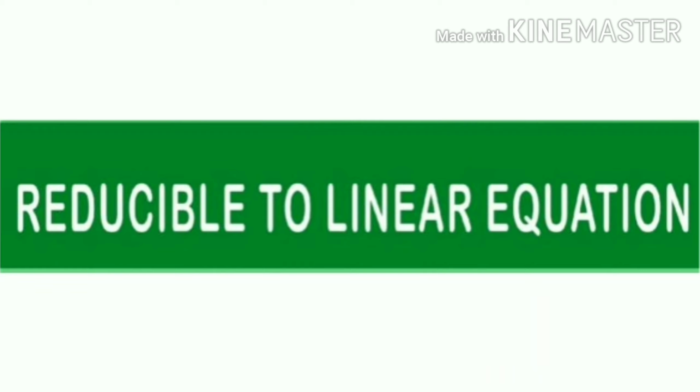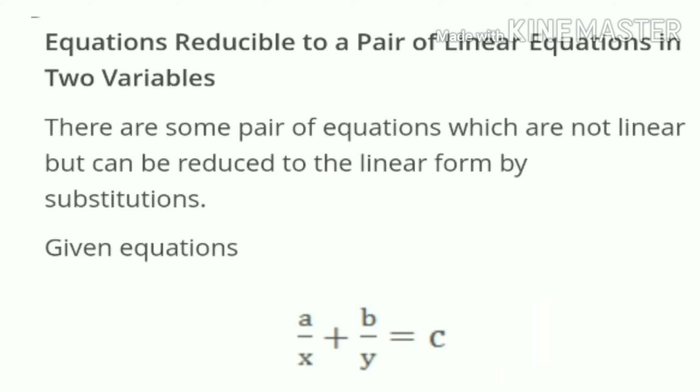Whatever equations are reducible to a pair of linear equations in two variables, there are some pairs of equations which are not linear but can be reduced to the linear form by substitution.